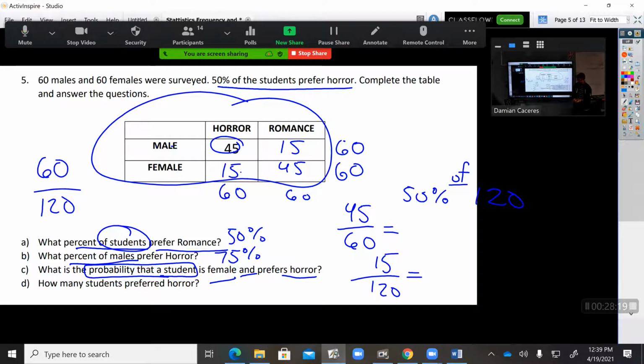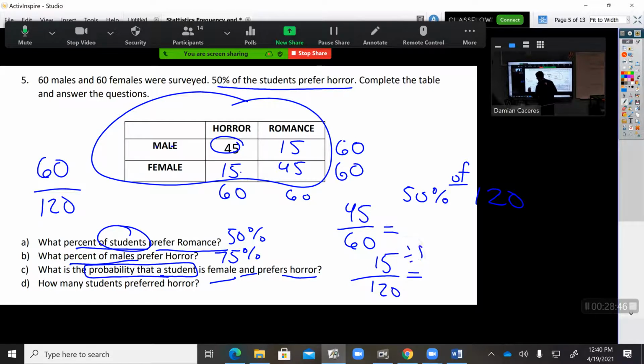Now divide. 15 divided by 120, 12.5% or 13%. But you can't answer as a percent, so just simplify that fraction. So both of these are divisible by what? Anything that ends in a 0 or ends in a 5 is divisible by 5.